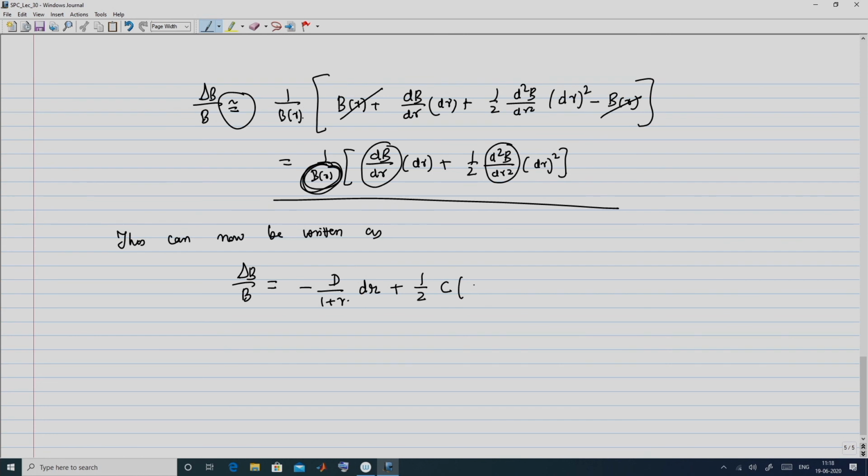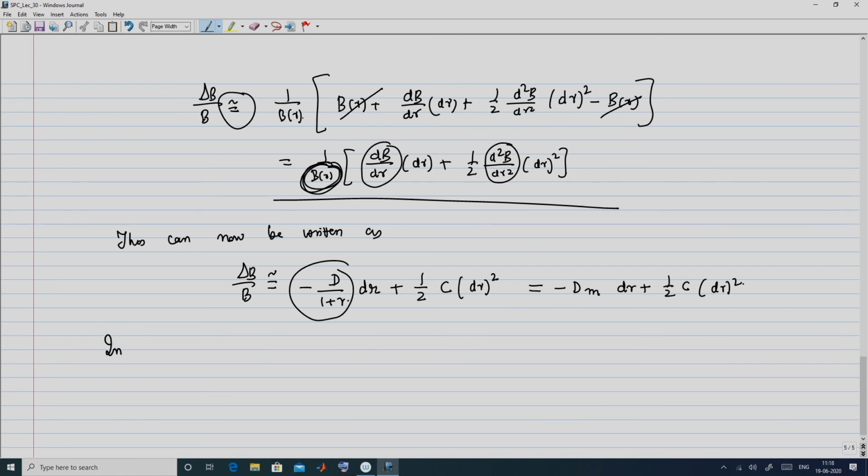So, this is C into dr square, and the first term was used to define the modified duration. So, this can be written as minus D_M into dr plus half C into dr square, and this of course is in the sense of approximation.